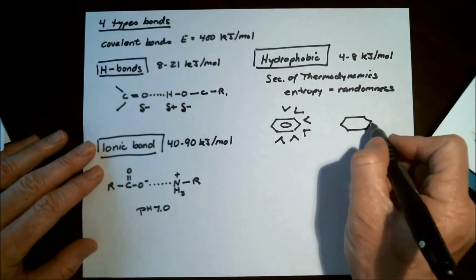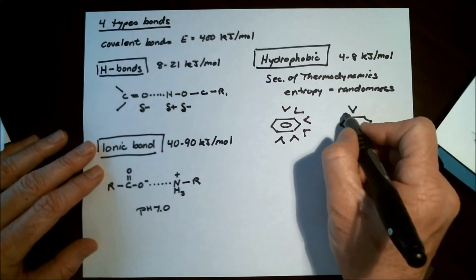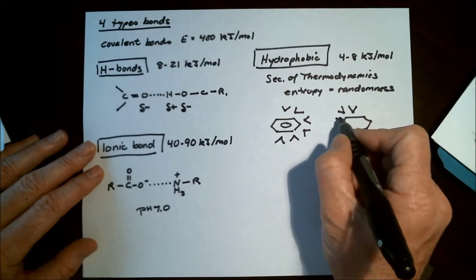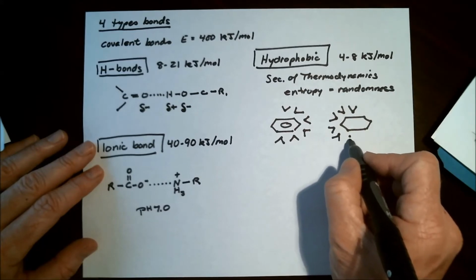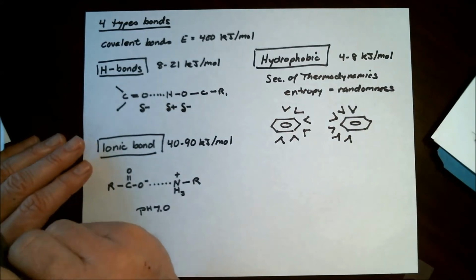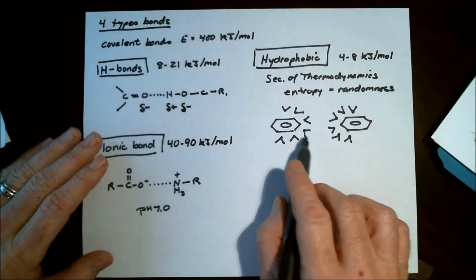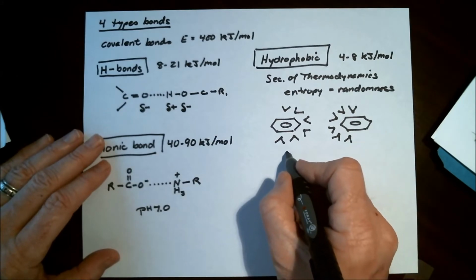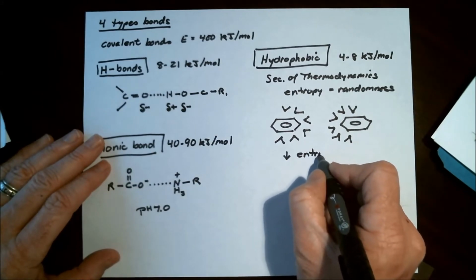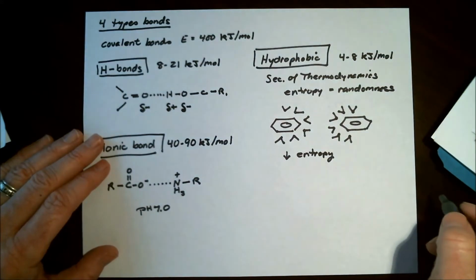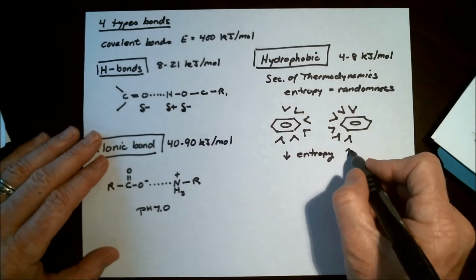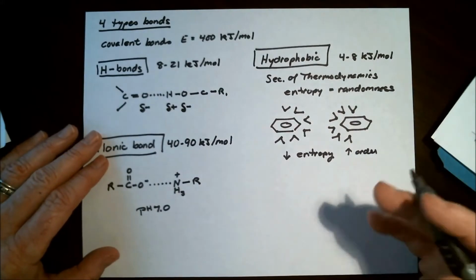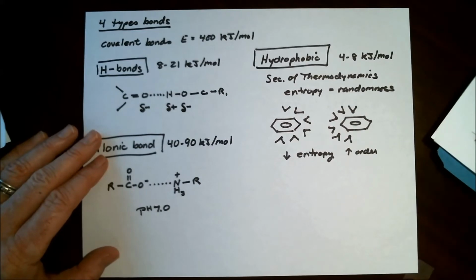Now, if we have two hydrophobic groups, we will have essentially two organized structures of water, and this organization occurs because the water does not interact with the hydrophobic group. So increasing order of water is essentially a decrease in entropy. In order to decrease entropy, that's creating order. So it's increasing order, decreasing randomness. This requires an input of energy, so this is not favorable.